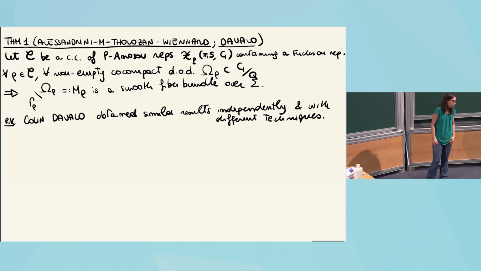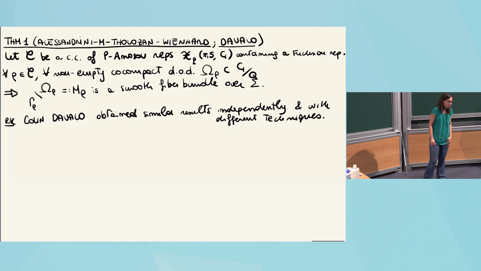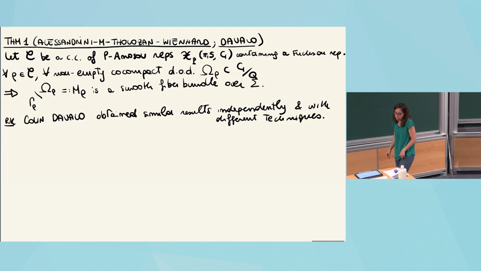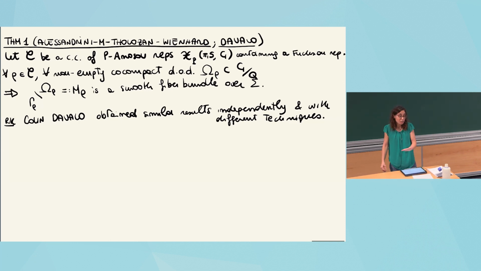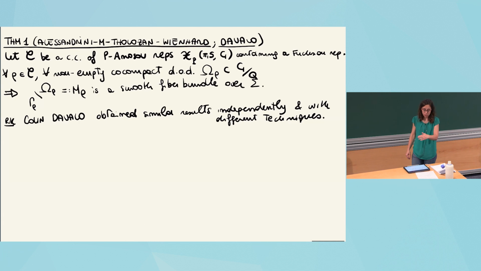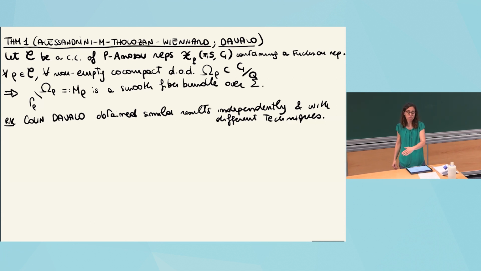Just any SL2. But already in the isometry group of H4, if you remove the condition of containing a Fuchsian representation, our theorem is not true. There are examples of quasi-Fuchsian representations in that setting where the limit set is a wild knot, and those are not bundles over the surface.